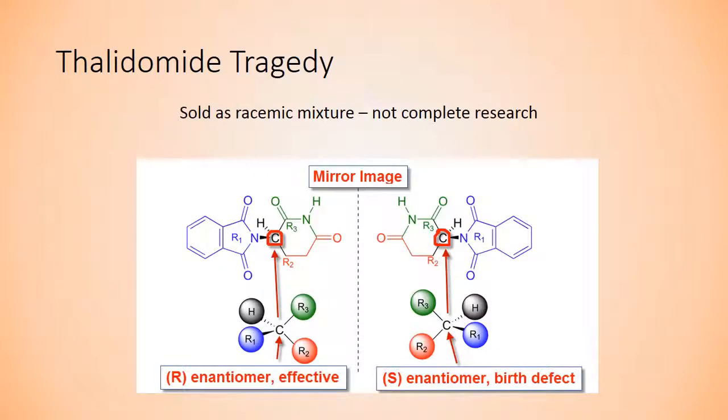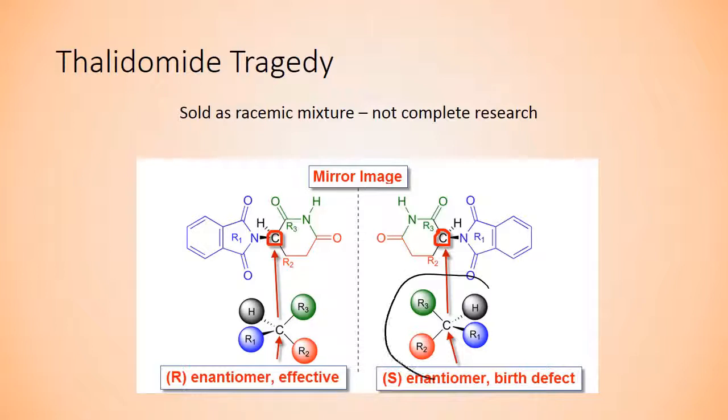So if we go back and look at the thalidomide tragedy, it was sold as a racemate mixture. However, at that time, because of how fast we wanted to get it onto the market, they did not complete the research. If you look at the chemical structures, here's our carbon, and we have the different groups associated with it. We have our hydrogen, we've got our group 1, we've got our group 2 and 3. But if you look at the mirror image, with the carbon here, with the way in which the hydrogen is going behind the R1 versus R3 versus R2, this mirror image is what causes the birth defect.